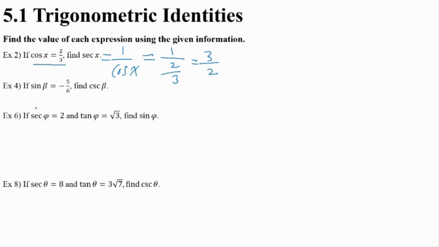Alright, example 4. They give sine beta is negative 5 over 6. So how can you find cosecant?